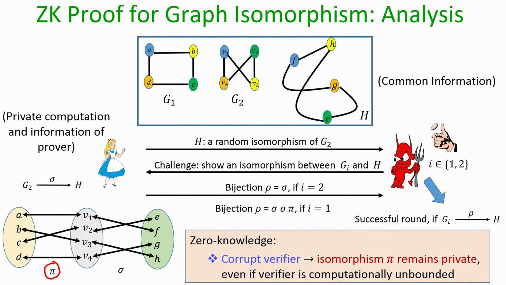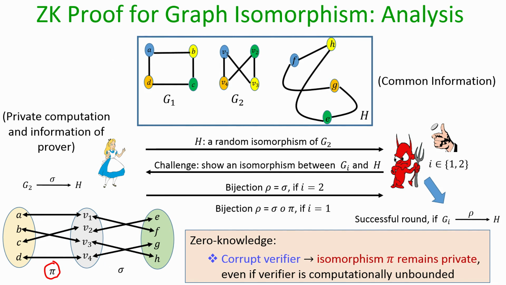It turns out that in each round the corrupt verifier does not learn anything about the mapping pi. If the challenge from Bob is i equal to 2, then the response that Alice sends is the mapping from the graph G 2 to H, which does not reveal anything about the secret mapping pi.